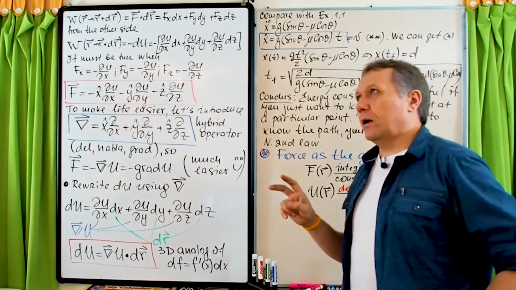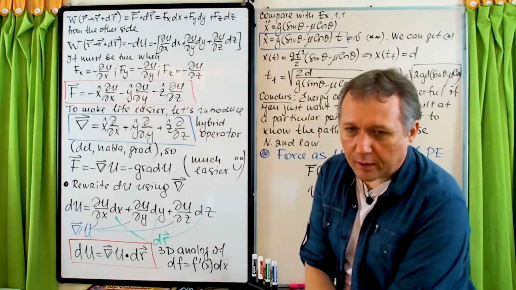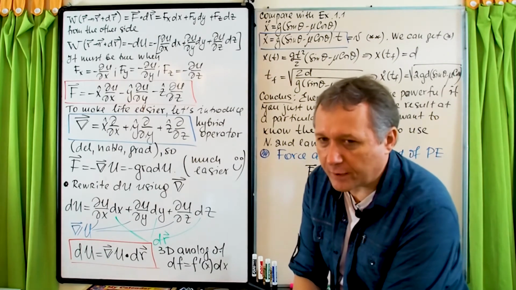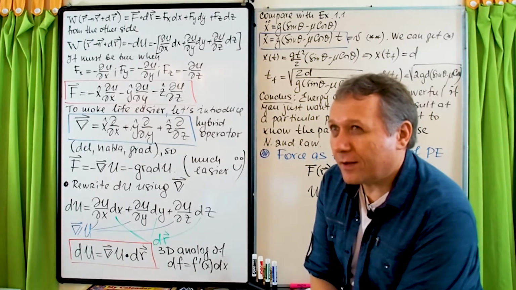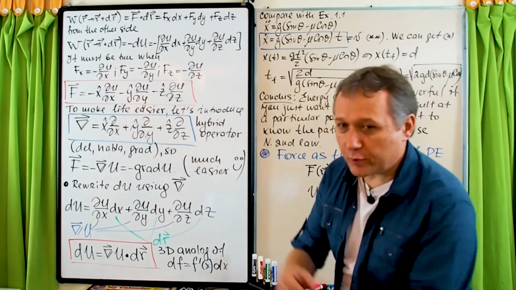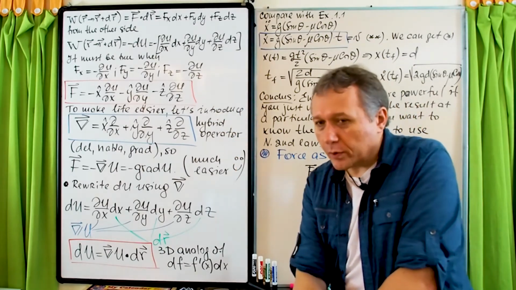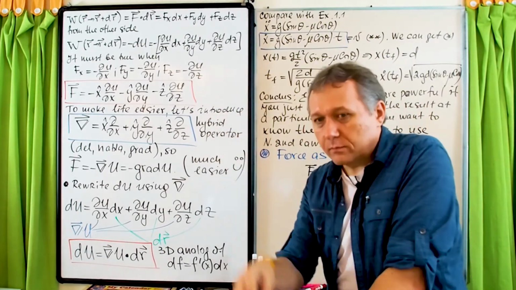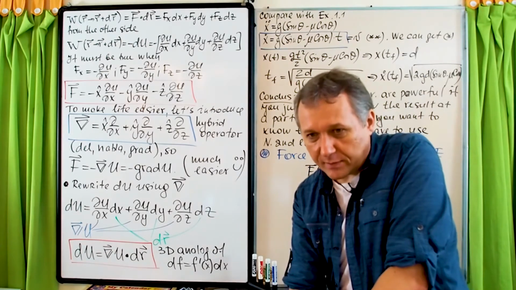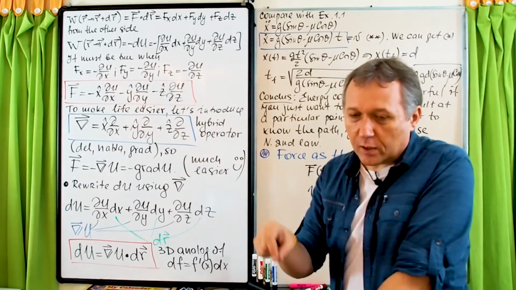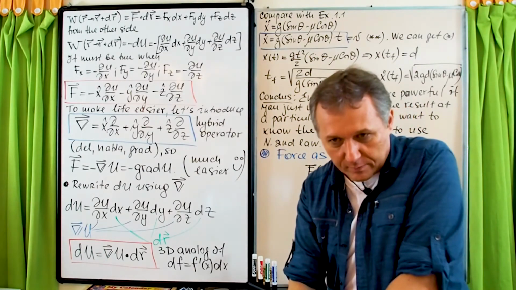First one, that a force, any force, must be a function of position only. And the second condition, that if you take any 2 points, completely arbitrary 2 points, the work done by that force between those 2 points must be path independent. So it means that you can take any path and the work must be the same.